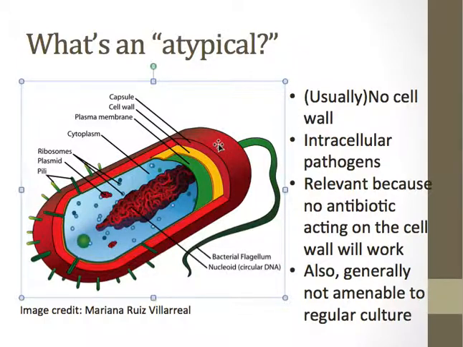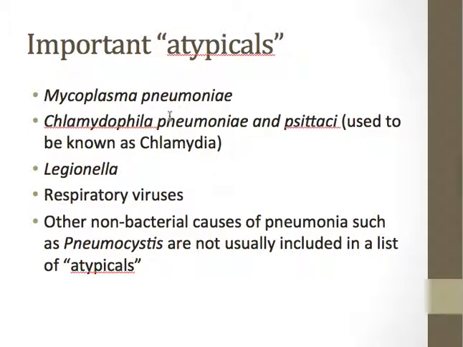So if atypical bacteria cause atypical pneumonia, what are they? Well, the common atypicals are Mycoplasma pneumoniae, which causes an atypical pneumonia often in young people, often in epidemic years. We talk of having mycoplasma years, though we haven't had one for a few years now. Chlamydophila pneumoniae and psittaci, these used to be known as variants of chlamydia, and psittaci some of you may have heard of because it causes the illness caught from parrots called psittacosis.